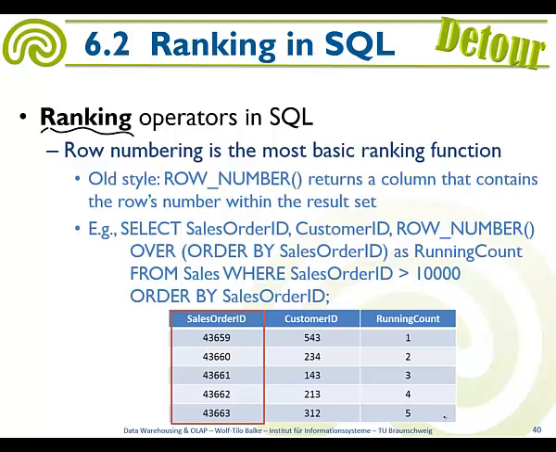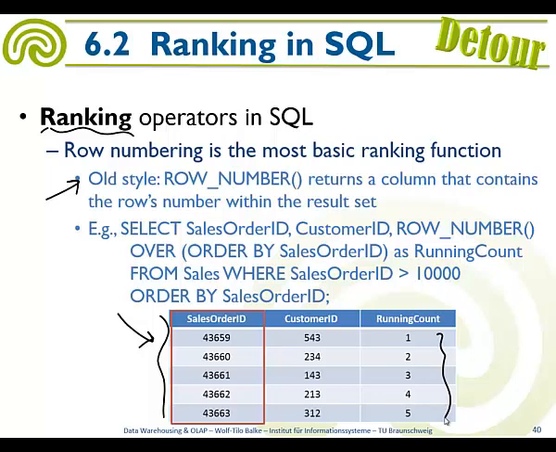The second operation that you can do with the window clause is ranking. Ranking is basically you give an order to the result set that is coming out from your SQL query, and it's a very basic operation. The old style that you usually had was the row numbering, where you get your results over here and you just do a running count and it incrementally goes up higher in number.